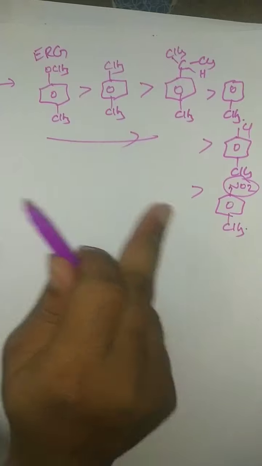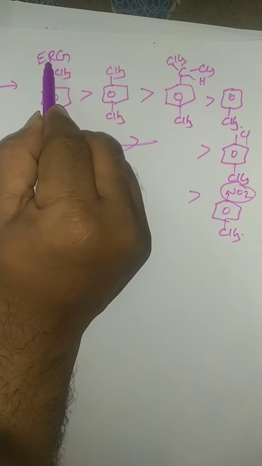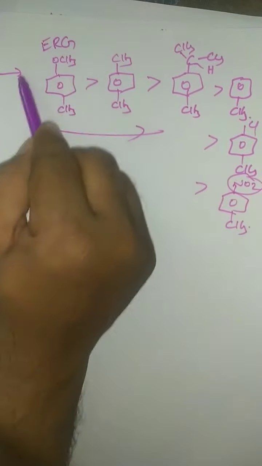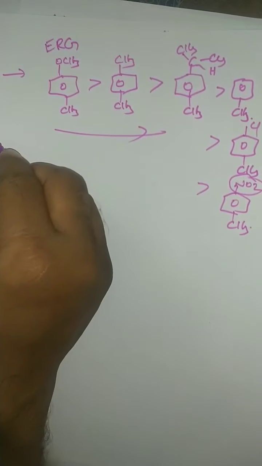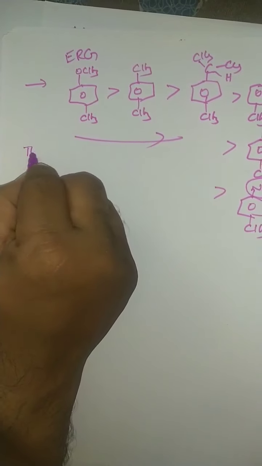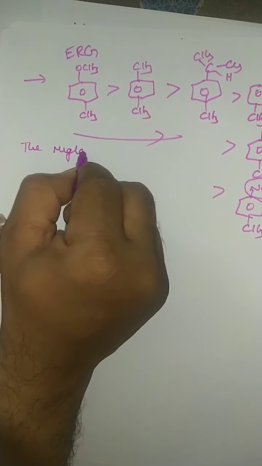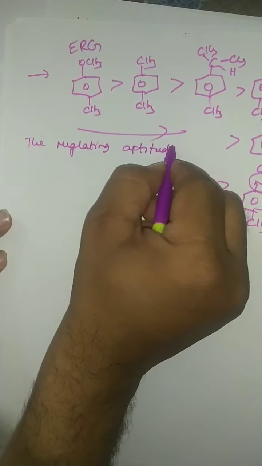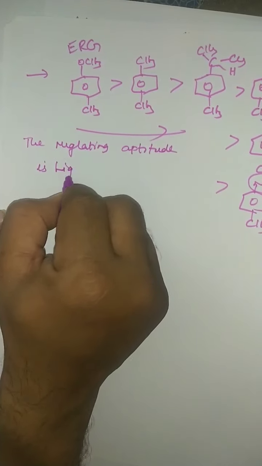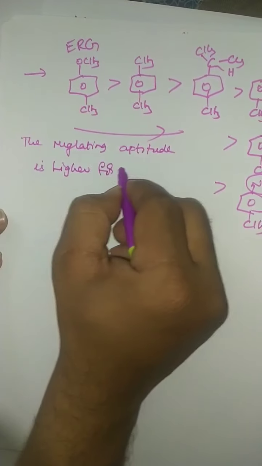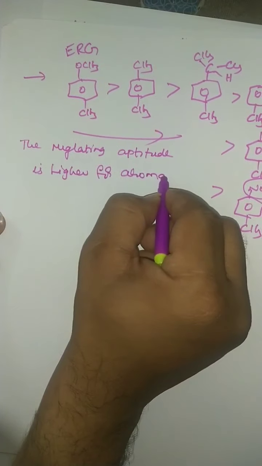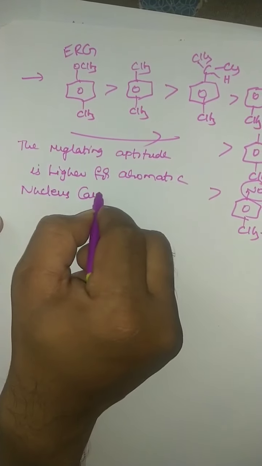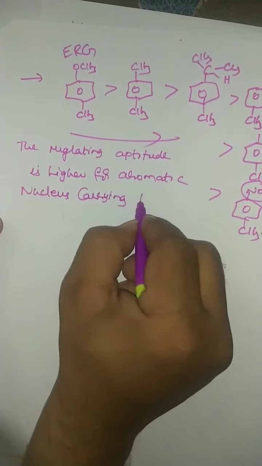So if aromatic rings are given, always remember that migrating aptitude is higher for an aromatic nucleus containing an electron releasing group.